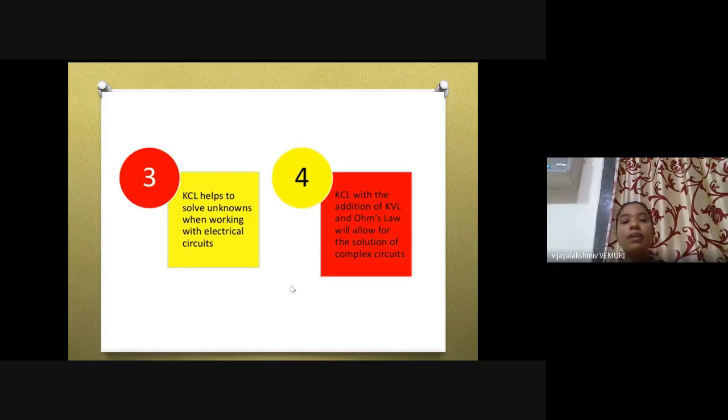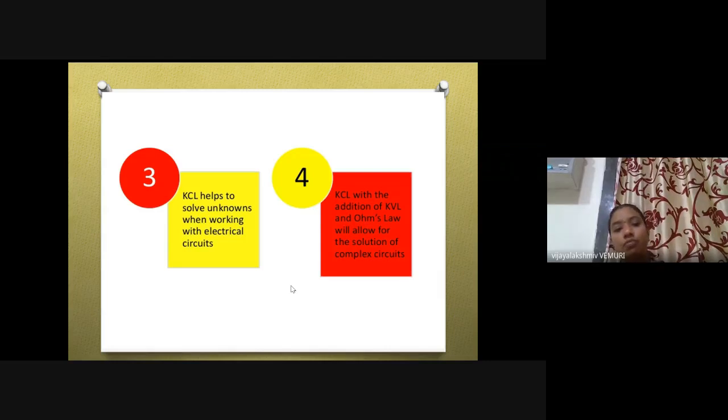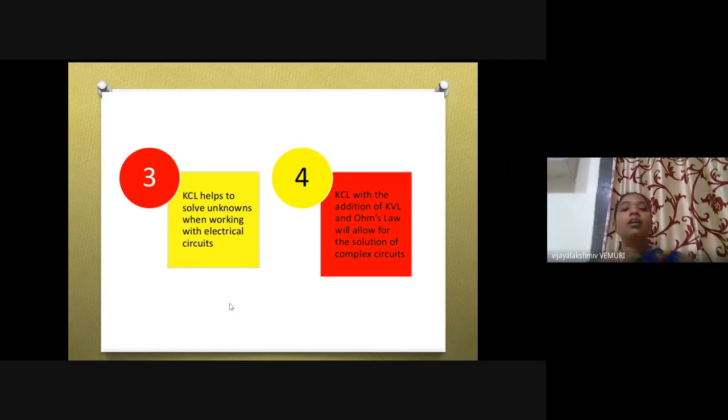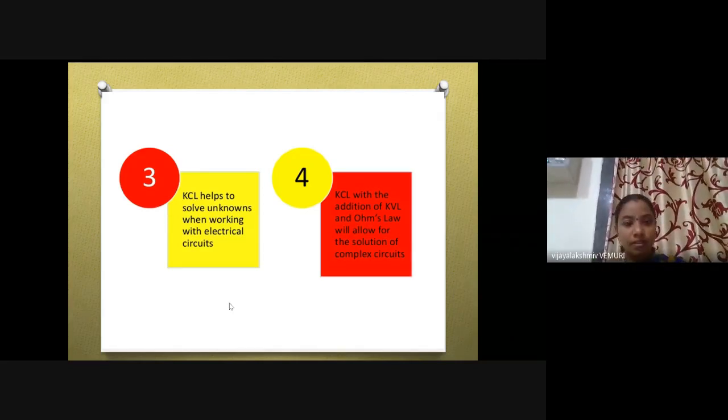Here also you will come across a super node method, which I will tell you where and when you come across that type of situation. Once you are aware of how to apply KCL at the nodes and how to solve the problems, then you will be able to understand the super node analysis method.